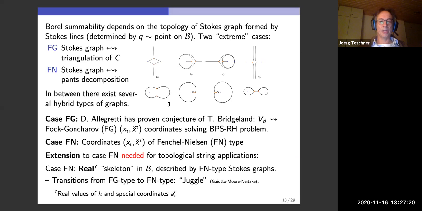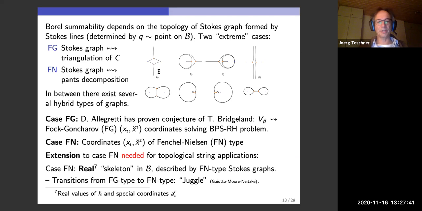But there, it may also happen that these Stokes lines close up. That is a particularly interesting case and form such closed graphs, which are also called, to remind the terminology, Fenchel-Nielsen type Stokes graph, whereas such generic types would be called Fock-Goncharov type Stokes graph.